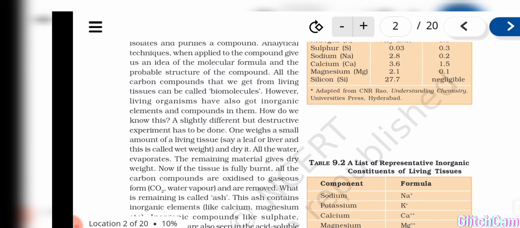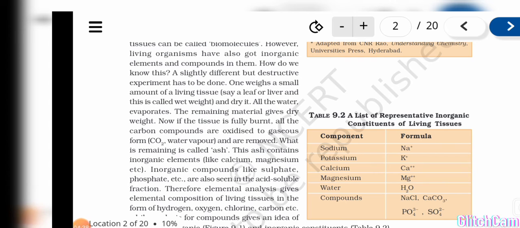In addition to biomolecules, there are some inorganic molecules also, isn't it? How will we come to know what the inorganic molecules are? How can we identify them? By doing a destructive experiment. You take the animal tissue or plant tissue and dry it.